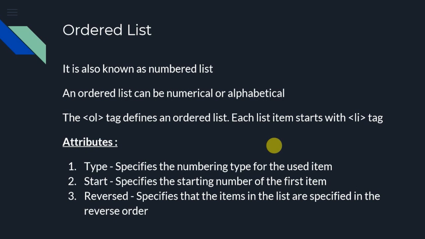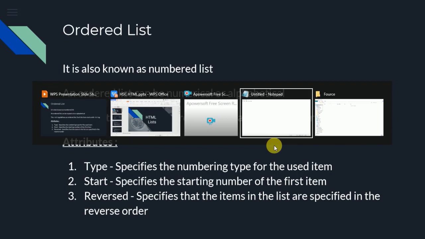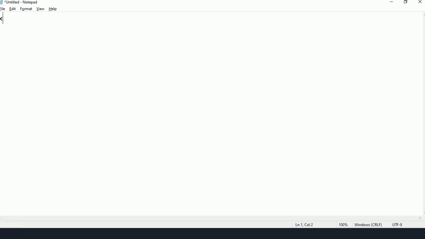Now let's switch into the practical part of it. So here I have a notepad. Now a very good habit that you need to put is whenever you are writing any opening tag, make a closing tag also along with that.